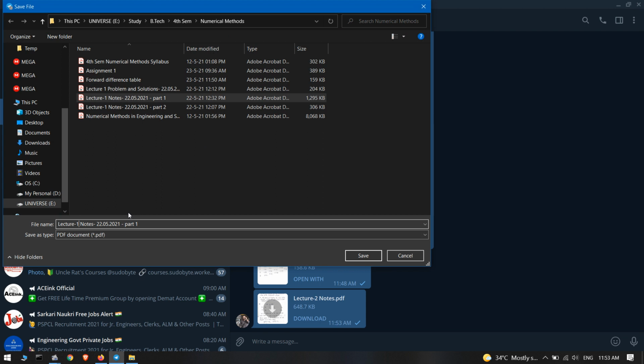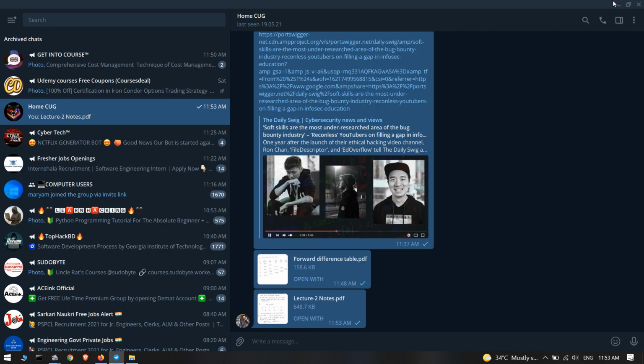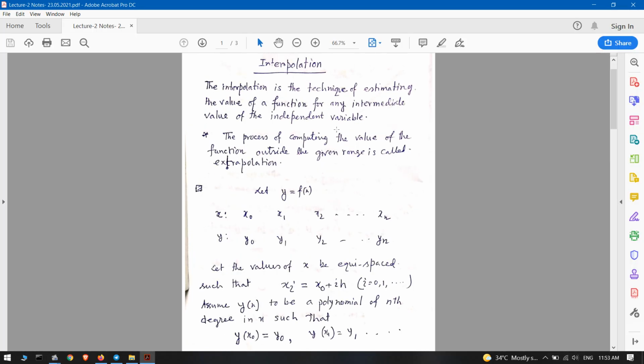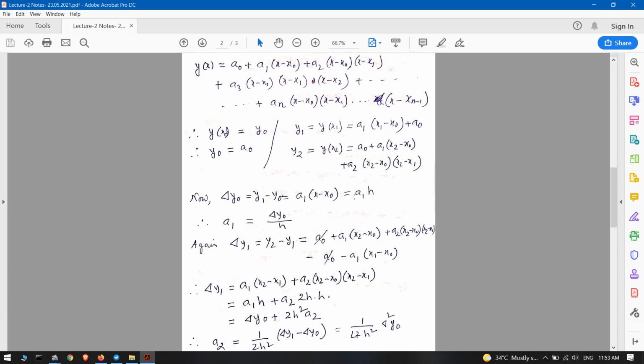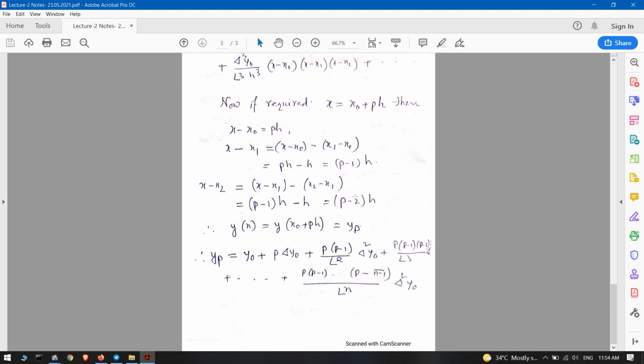So the first assumption for Newton forward interpolation is that the values of the independent variable must be equispaced. That is why we can write xi equal to x0 plus ih, for i equal to 0, 1 and so on.